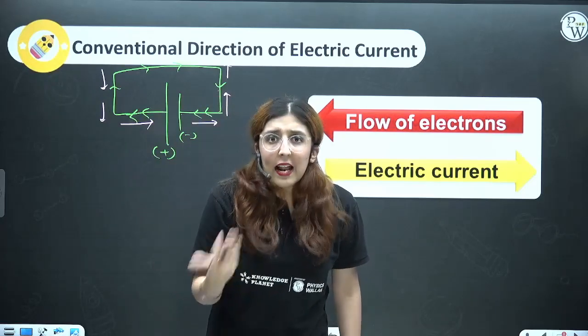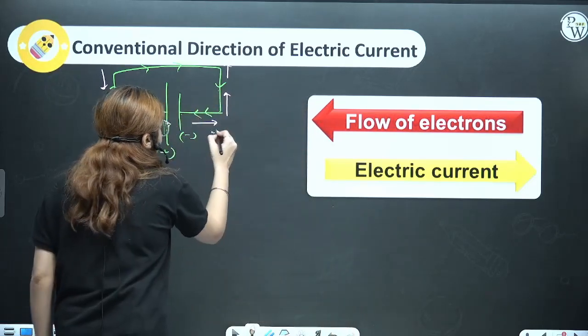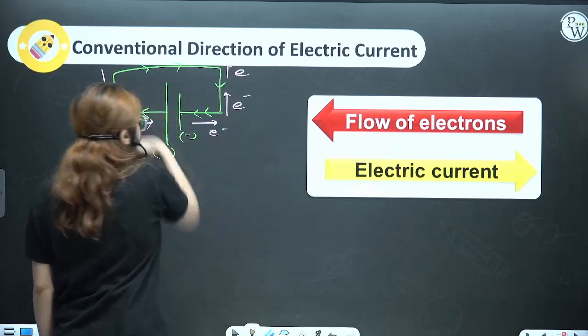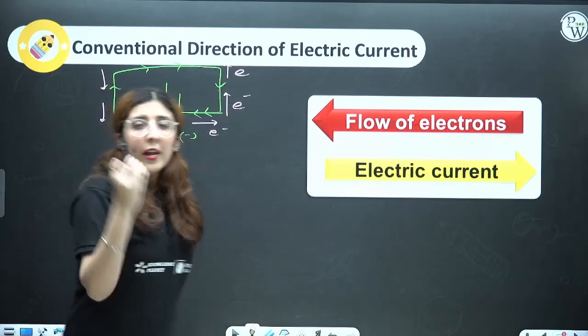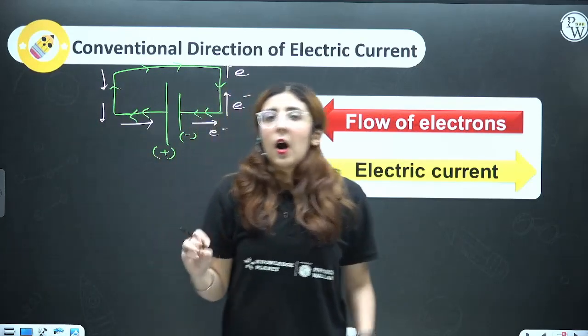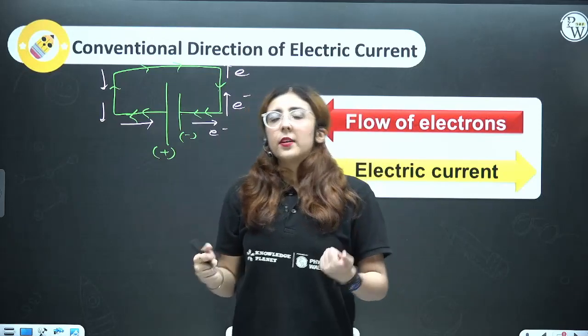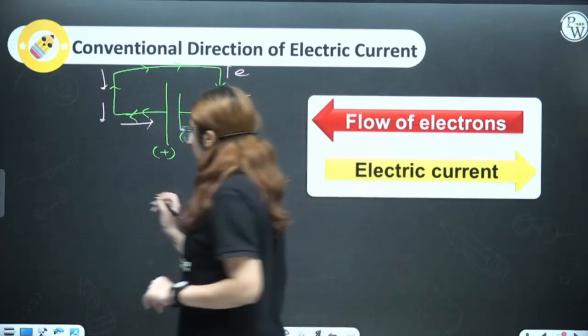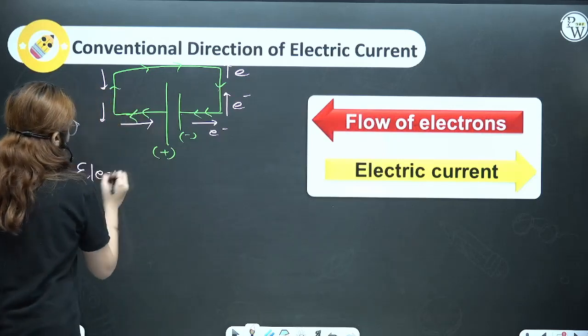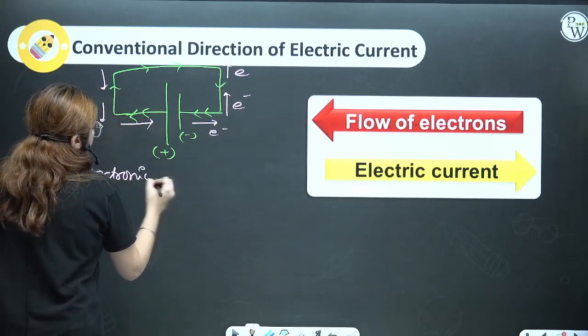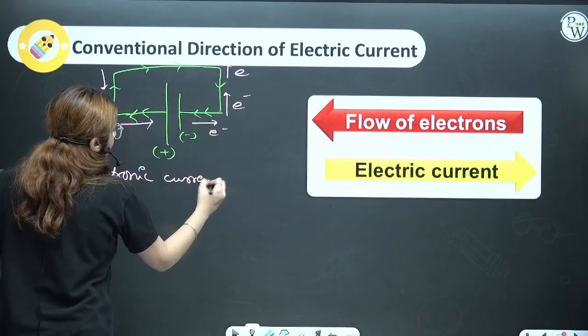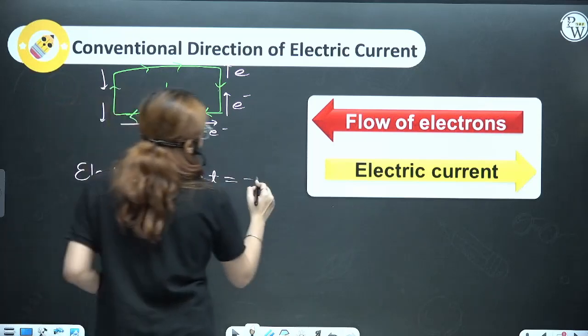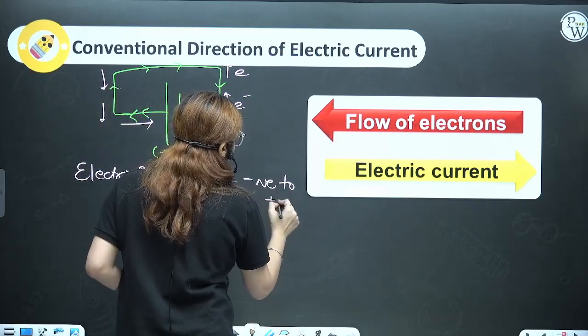What are the charges? Electrons. So of course electrons are going to move from negative terminal to positive. When you talk about electronic current, it will be in the opposite direction. The actual electronic current: electrons moving negative to positive.